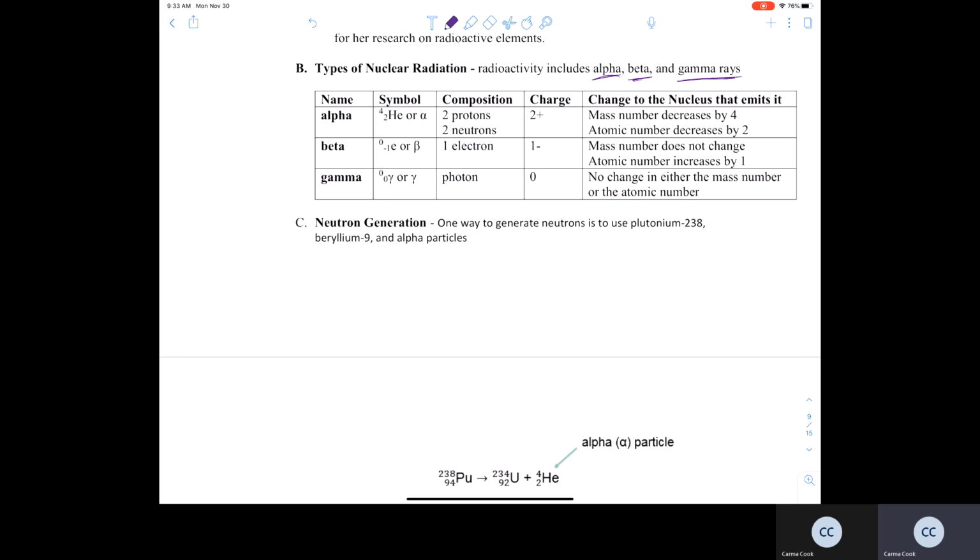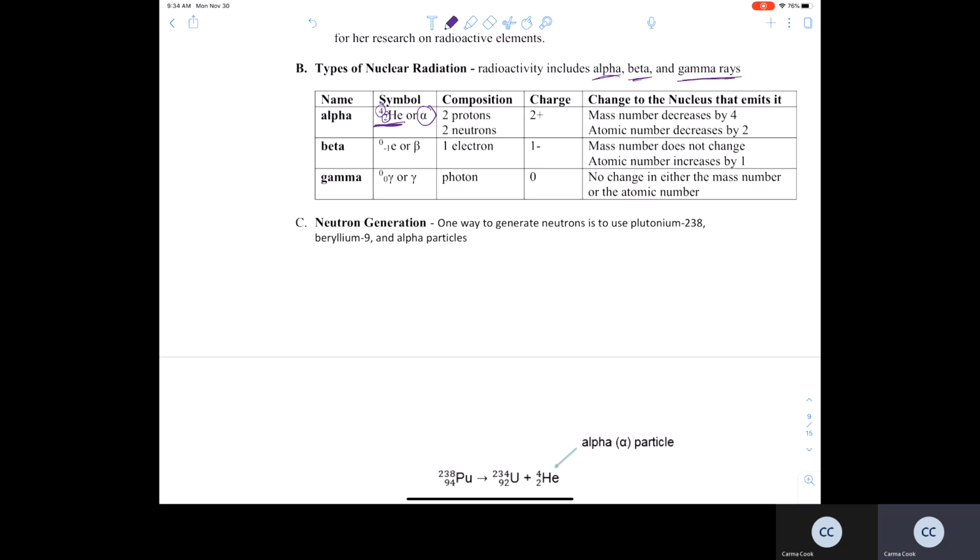So for alpha radiation emission, an alpha particle is symbolized by the Greek letter alpha, which is synonymous or equivalent to the emission or the loss of a helium atom. So therefore, the change in the mass number will be 4, and the change in the atomic number will be 2.